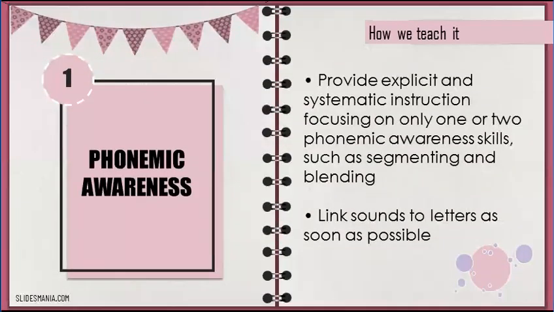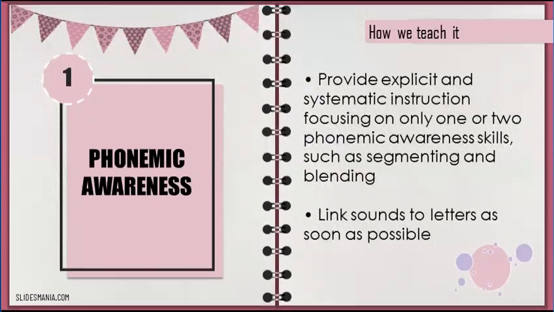So, as teachers, we need to provide explicit and systematic instruction focusing on only 1 or 2 phonemic awareness skills, such as segmenting and blending. And also, we have to let them learn how to link sounds to letters as soon as possible.